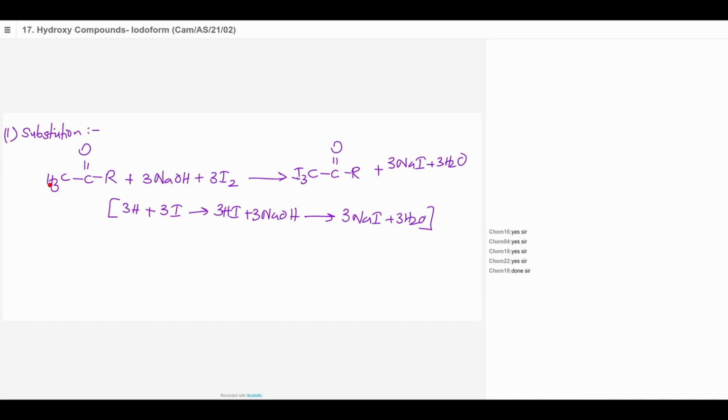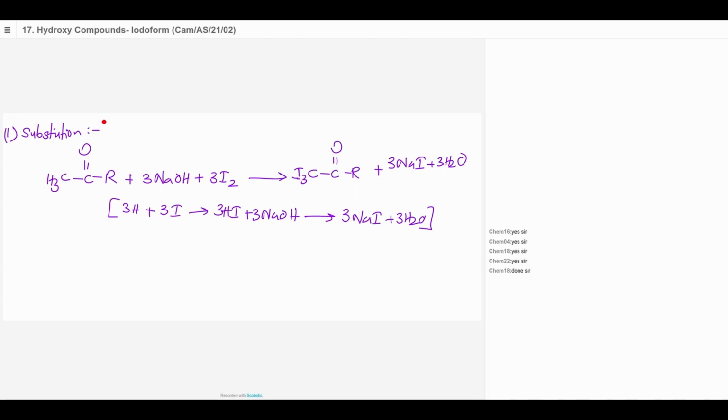3 hydrogens attached to the methyl group in the methyl carbonyl group will be substituted with 3 iodines. Why only these hydrogens, not any other hydrogen? Because these 3 hydrogens are attached closer to the carbonyl group, which is an electron withdrawing group. That weakens the carbon-hydrogen bond. As a result, the 3 hydrogens will be substituted with the 3 iodines.